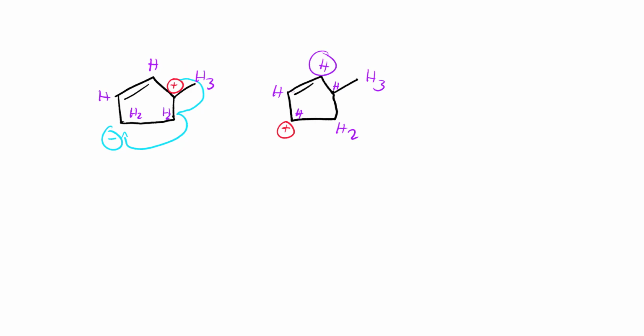1, 2, 3, 4. So notice, this stays the same, this stayed the same. This one lost a hydrogen, okay? This one stayed the same. This one gained a hydrogen somehow. And that's not really good. They're not resonance because you have these hydrogens popping out of nowhere. You can't really describe how they came out. And we're not traveling anywhere, right?